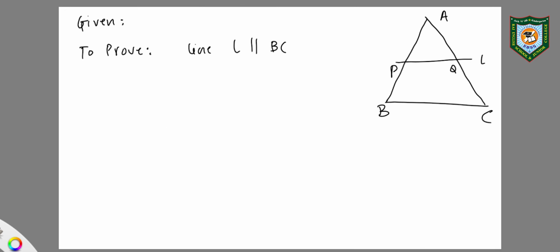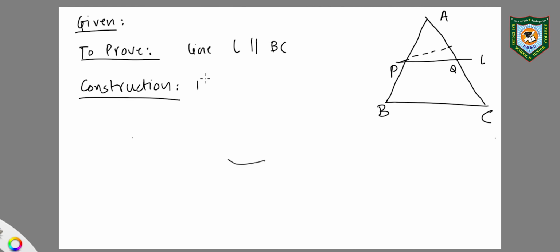Now again we have to do a construction over here. I'm going to draw PF. So this is my construction.